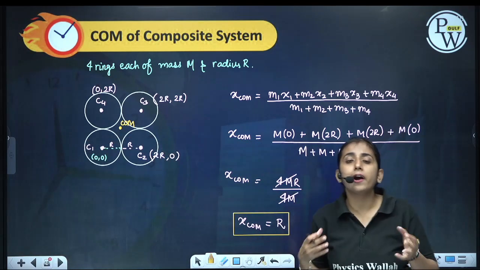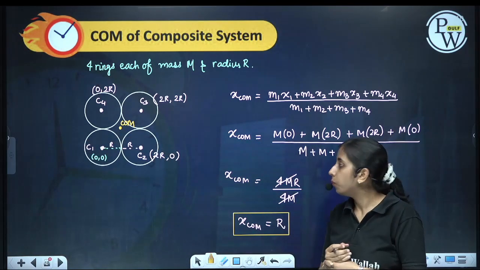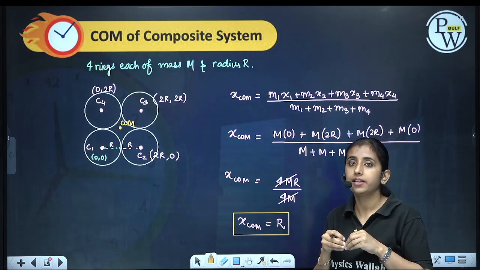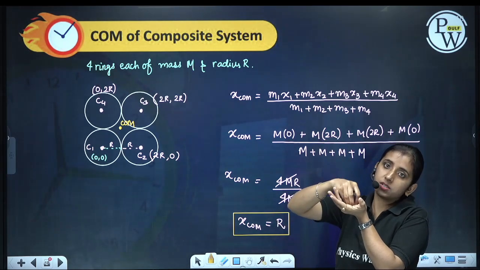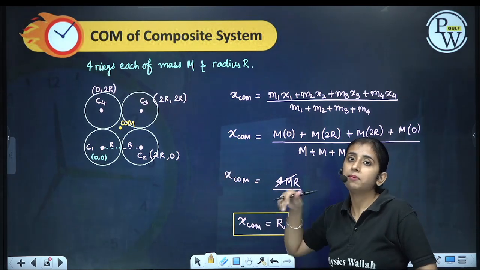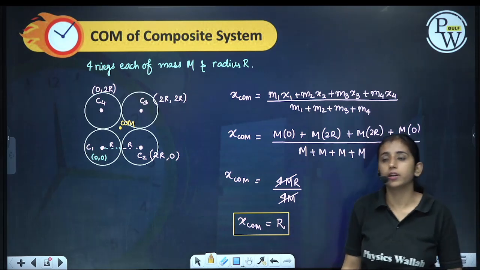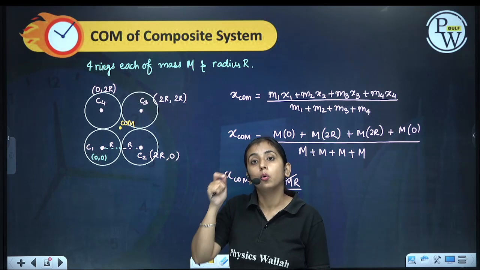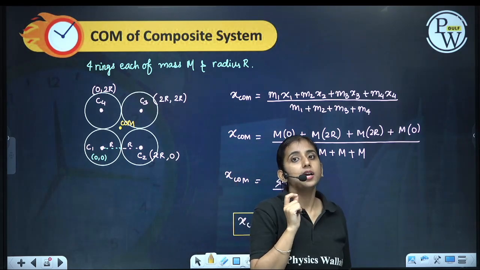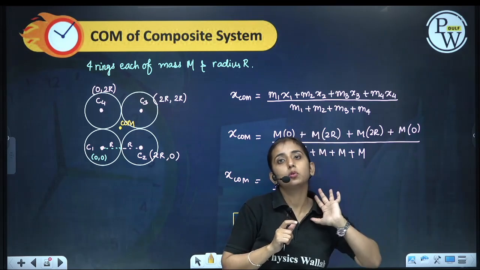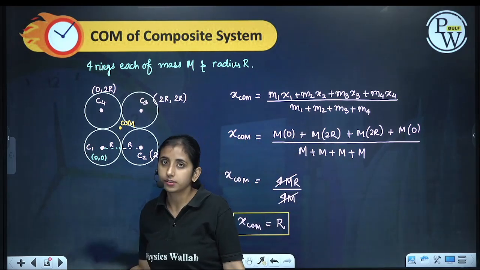So for additive composite systems, we treat each body's center of mass as if the whole of the mass is present over there. Then we can convert it into a discrete system and calculate it. Treat each rigid body as a point mass particle present over its center of mass.